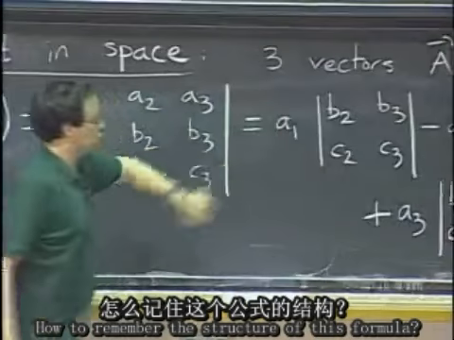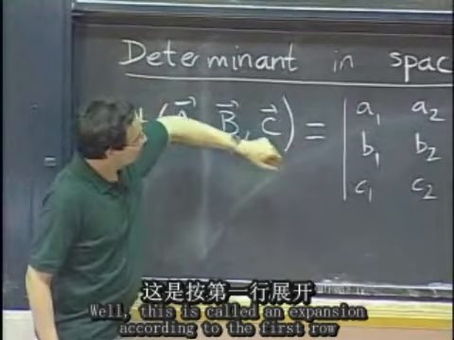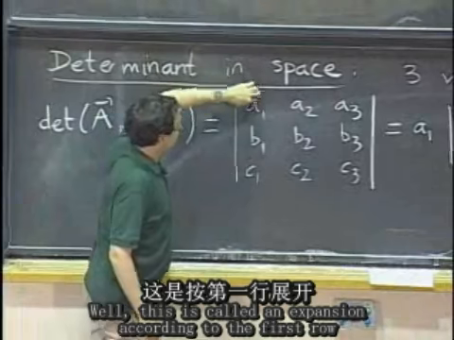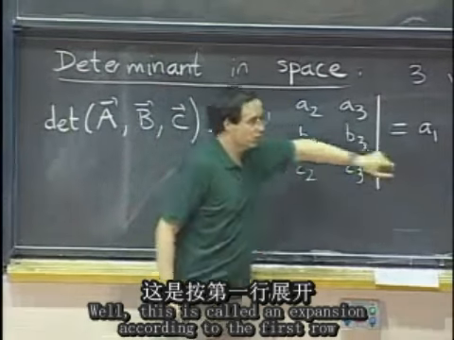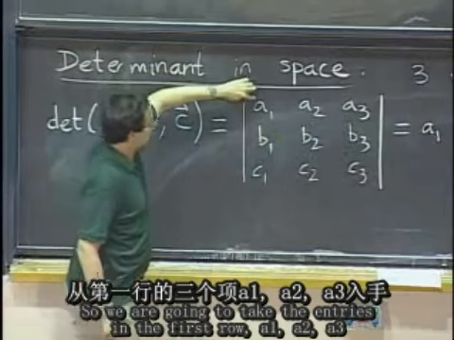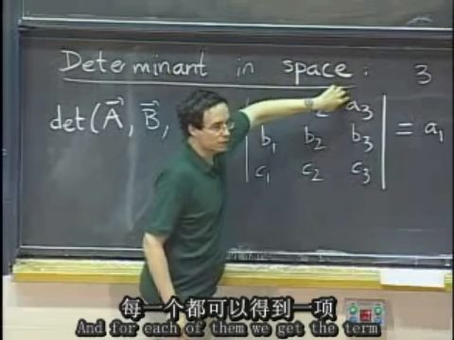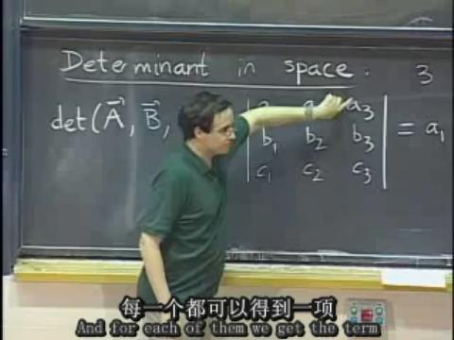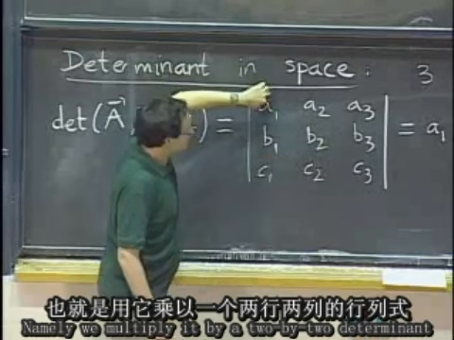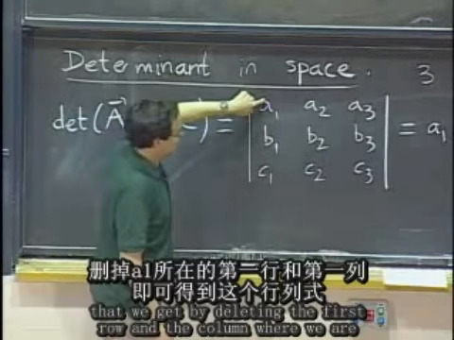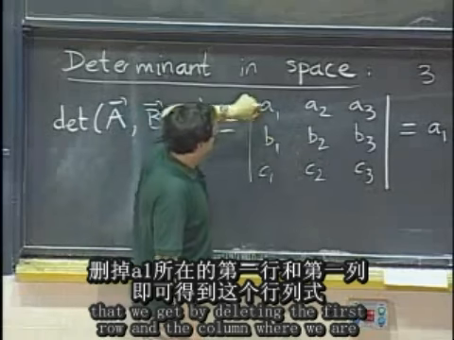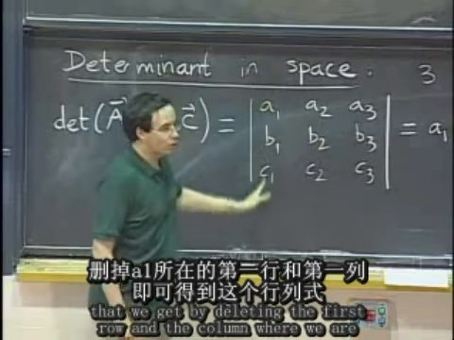So how to remember the structure of this formula? Well, this is called an expansion according to the first row. We take the entries in the first row, A1, A2, A3, and for each of them, we get a term. Namely, we multiply it by a 2 by 2 determinant that we get by deleting the first row and the column where we are.